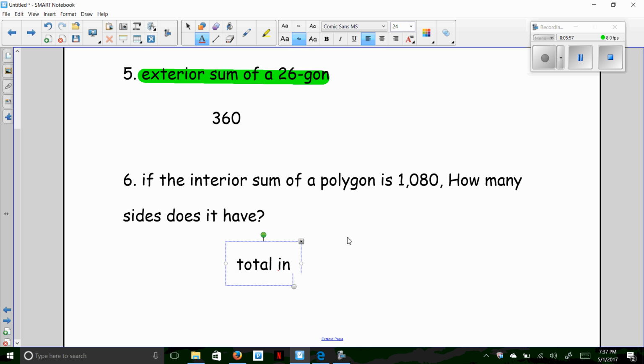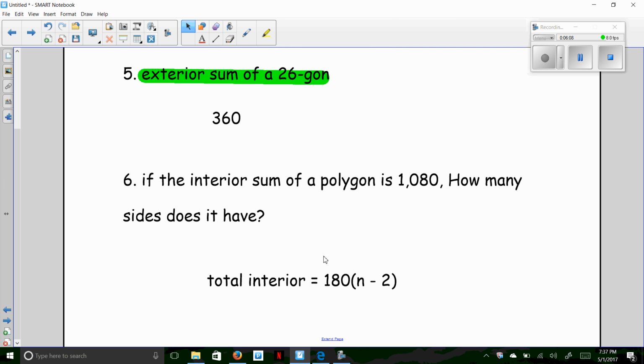Okay, let me write this formula one more time. This says interior, that's why I grabbed the interior formula. The interior sum is 1,080, so that goes right here.